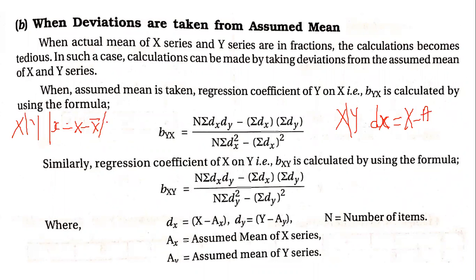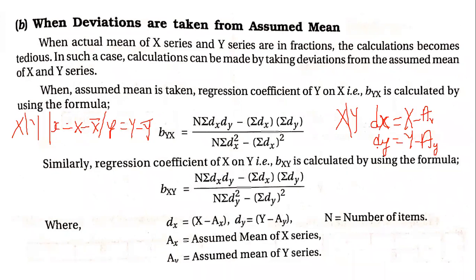Now coming to y, small y is equal to y minus y bar. This will be the deviation of y for the actual mean. When it comes to the assumed mean, it is dy, which is nothing but y minus the assumed mean for y, and this is the assumed mean for x.